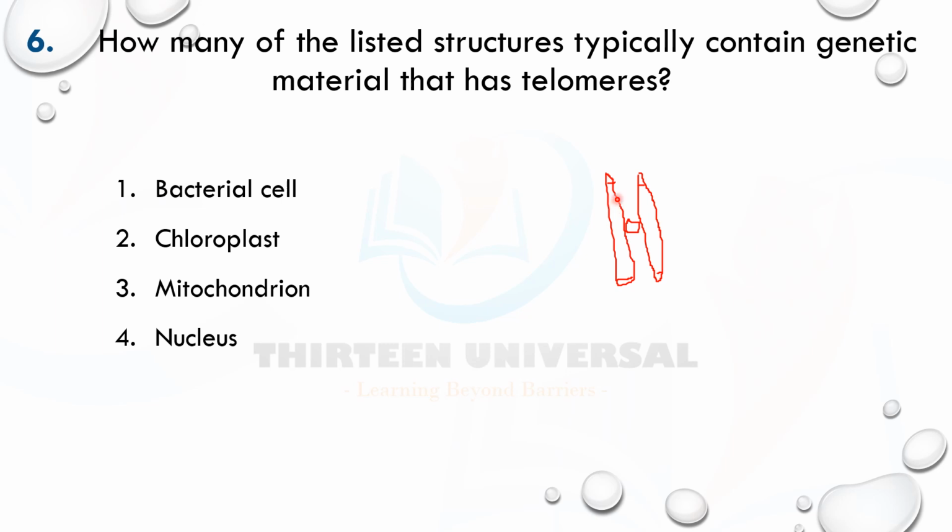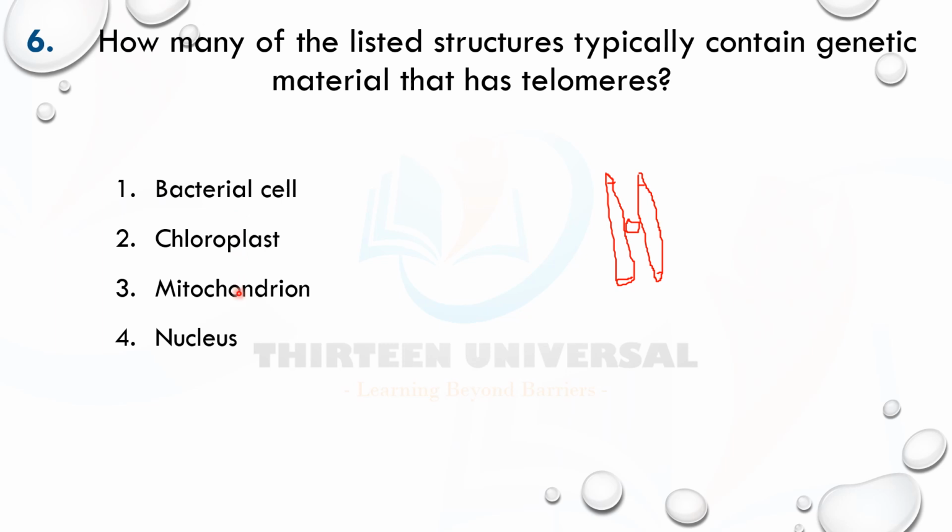So if you check that, you see that it's found in chromosomes. Bacterial cells have only DNA. Chromosome is DNA plus histone protein. So their DNA doesn't have histone protein. Chloroplasts have DNA, no histone protein. Mitochondrion has circular DNA, just like chloroplast. The three of them have circular DNA, but their circular DNA does not have histone proteins.